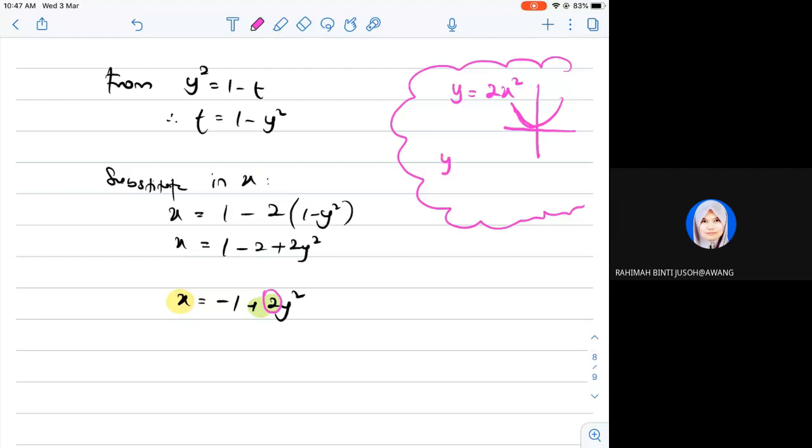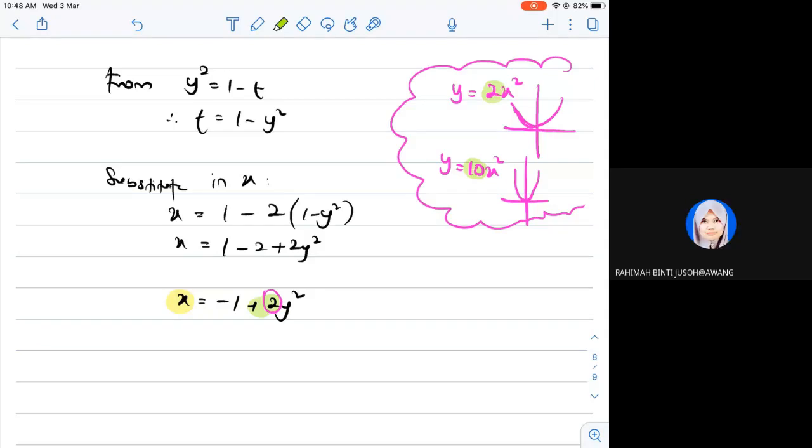Tapi kalau y equals 10x kuasa 2, dia akan jadi lebih menguncup. That's the difference between the values of the coefficient. Tapi position tetap sama. Sebab ni paksi Y, dia menghadap ke atas, dia senyum lah. Dia hanya a matter of size only. Get what I mean? Yes.